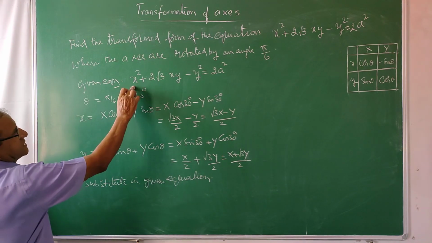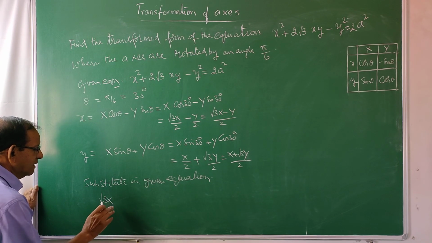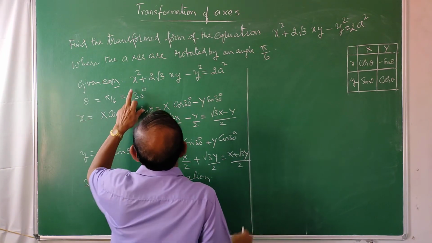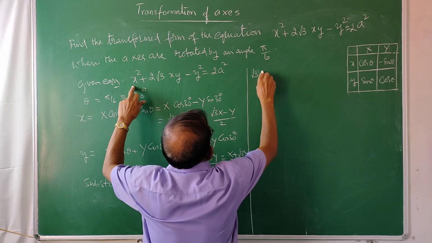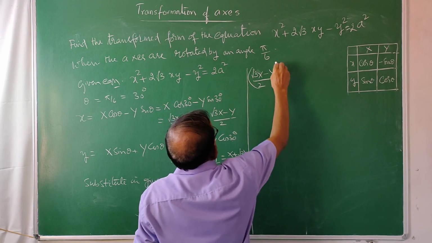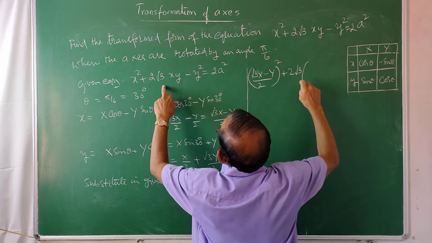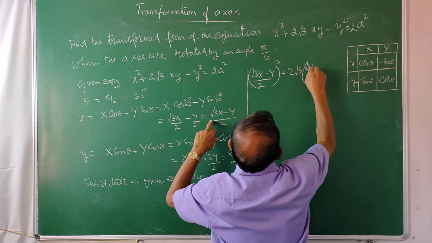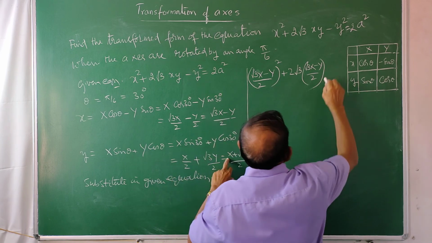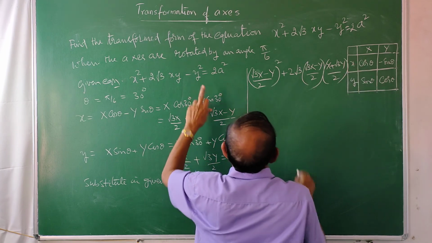What will you get? x square means root 3x minus y by 2 whole square, plus 2 root 3 xy, x is root 3x minus y by 2, into y, which is x plus root 3 y by 2, minus y square.